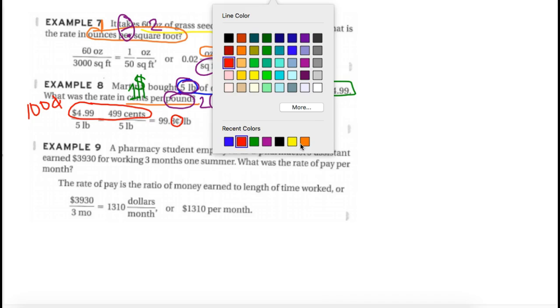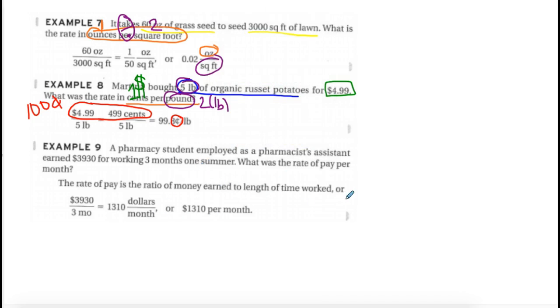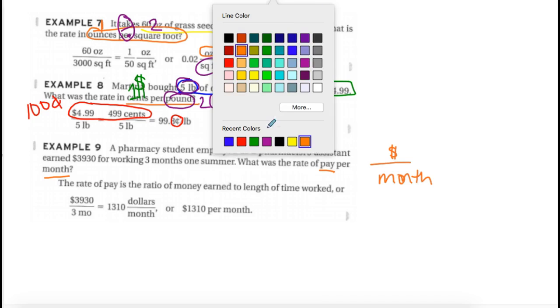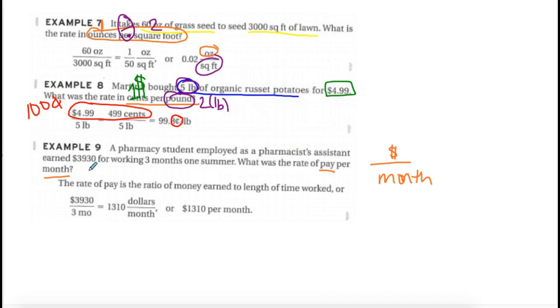Okay, so let's look at another one. The question's usually at the end, and it's rate of pay. So pay would be money per month. We want to do money over month. If I look and I find my money, here's my money number. Even if you don't understand all the rest of the English, there's your money. That's the money number.